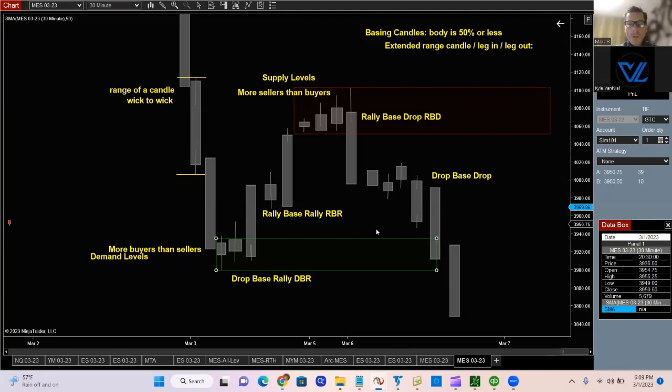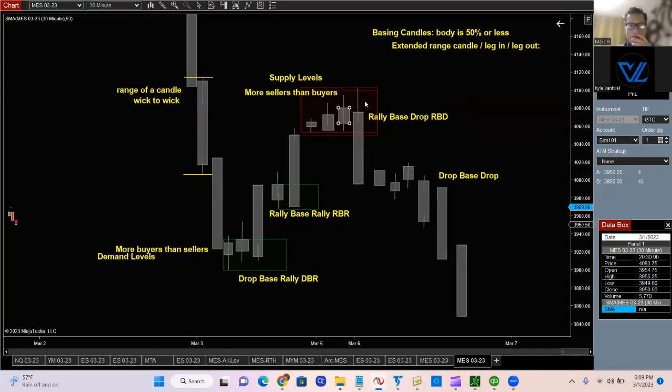So this is the demand zone. This is the demand zone. This is a supply zone. And this is a supply zone.